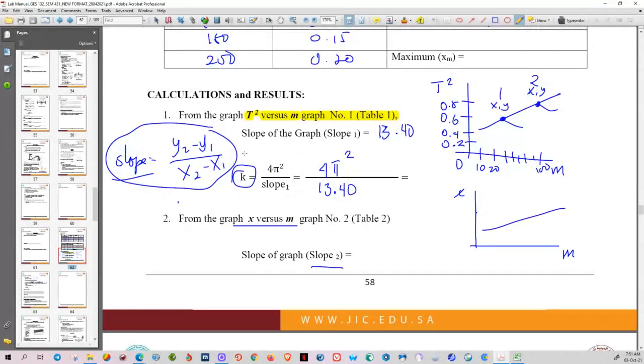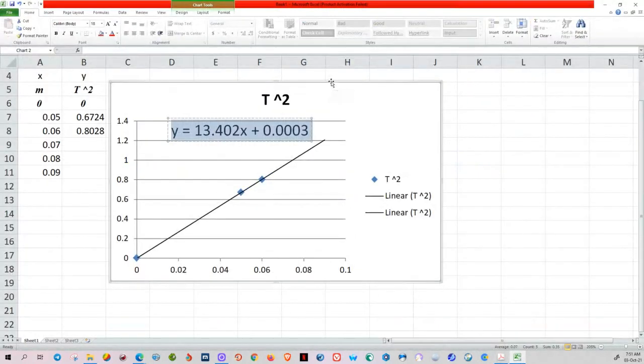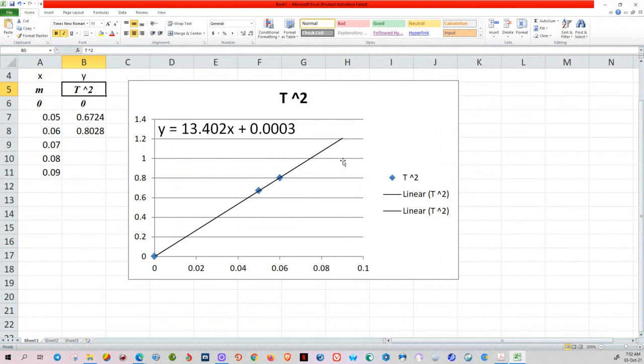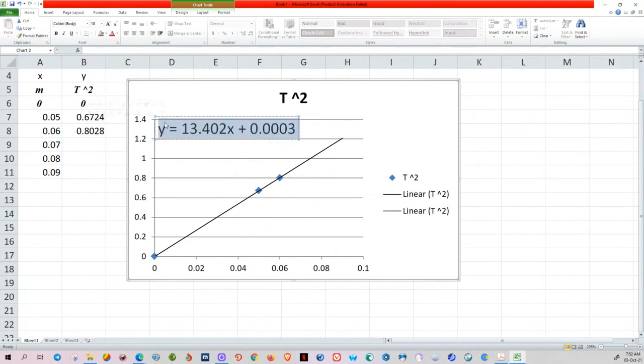If you graph by pen or pencil, y2 minus y1 over x2 minus x1. If you graph by Microsoft Excel, you put the value of mass in the x-axis, the value of extension in the y-axis, make your trend line, and then from the trend line you get this equation. It's exactly the same process.